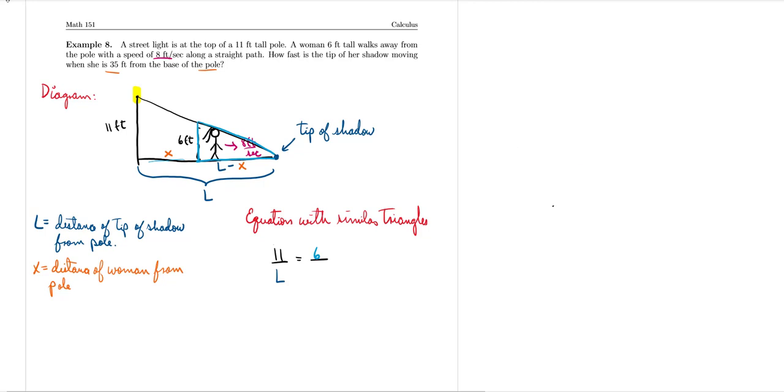Okay. So, using similar triangles, our ratios are now 11 is to L just as 6 is to L minus X. Now, based on the variables that we just labeled, the rate at which the woman was moving along is now our dx dt.